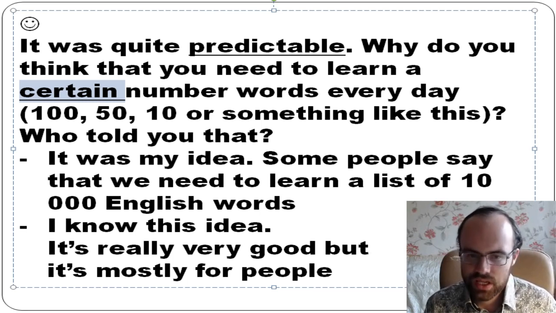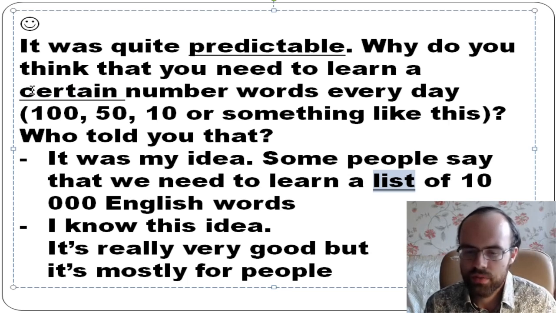Some people say that we need to learn a list of 10,000 English words. I know this idea. A list means that when they are on paper, or maybe in a video, and you learn them. When they are in one place.